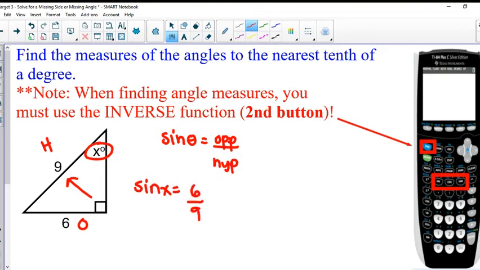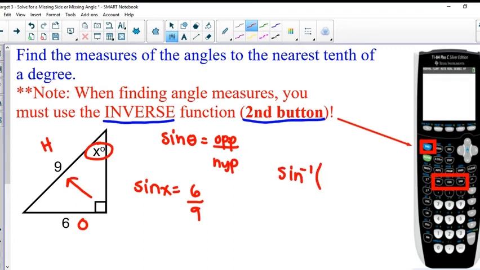Again, before we would start multiplying both sides by 9 and solve for x that way. We don't have to do that. We're not looking for a side, we're looking for an angle. So just like before, we're going to do our inverse function, which means we're going to have to hit the second button when we plug it into our calculator. So go ahead and hit the second button on your screen.